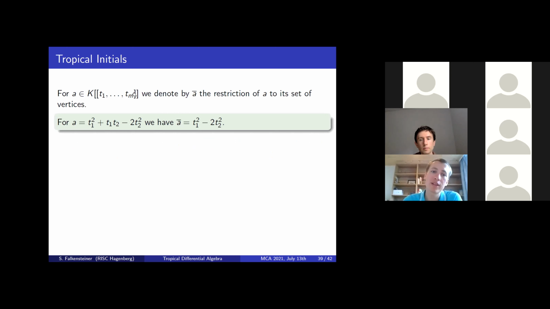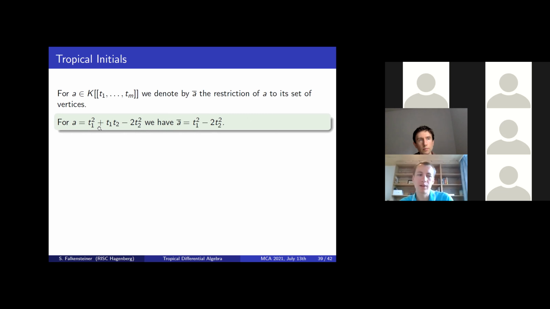So if we have a multivariate power series A, then we restrict this power series to those terms contributing to the set of vertices. So for example, if we have A given as this, and there could be many more terms, infinitely many, all of higher order, then the restriction would look like this.